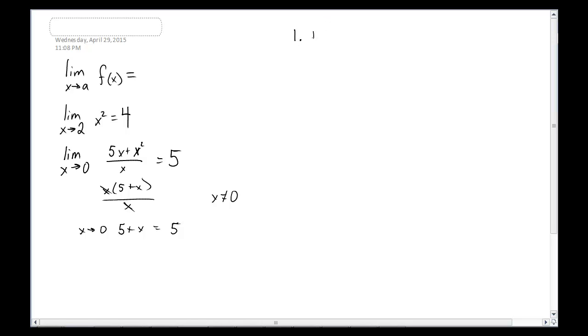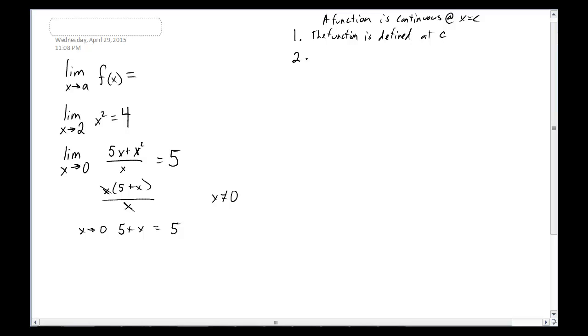Number 1, the function is defined at c. So a function is continuous at x equals c if the function is defined at c, which means that there's a value there.